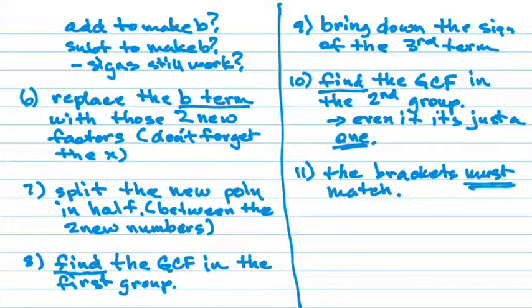And if they're not, then either you did something wrong in your math or it won't factor. But these are going to factor. For right now, the ones I give you are going to factor. So the parentheses have to be identical. And that's why we have to find a GCF in both of them, because if you don't find a GCF, even if you divide out a 1, you're not going to end up with two brackets. You get a bracket by dividing out a GCF.